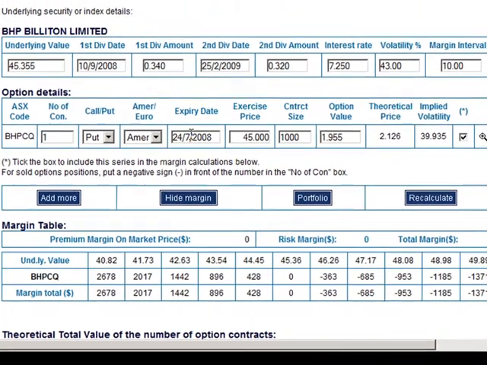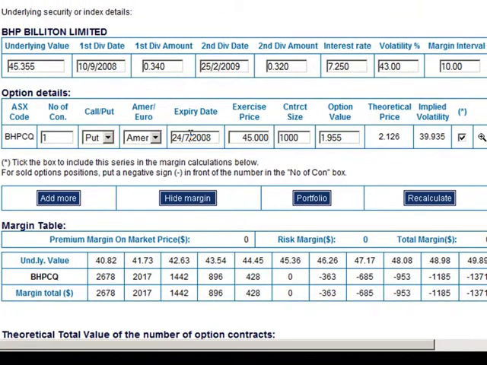Now it basically gives you the same information as before as the option does. I suppose you could use this if you wanted to find out your margin as well. You're probably better off going to the margin calculator instead of just the theoretical calculator, because it actually gives you that price. As you can see, this has moved a bit since we did it before, because the actual price has moved up quite a lot. So this is the option that you're looking at.